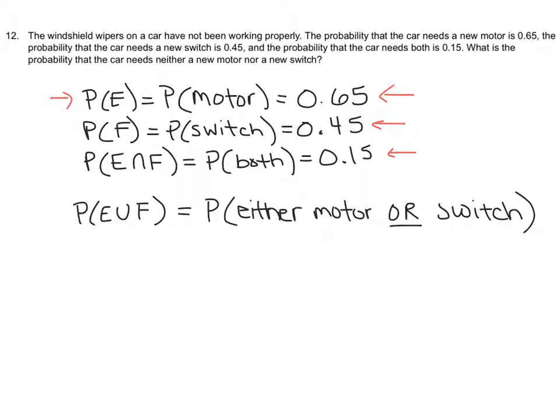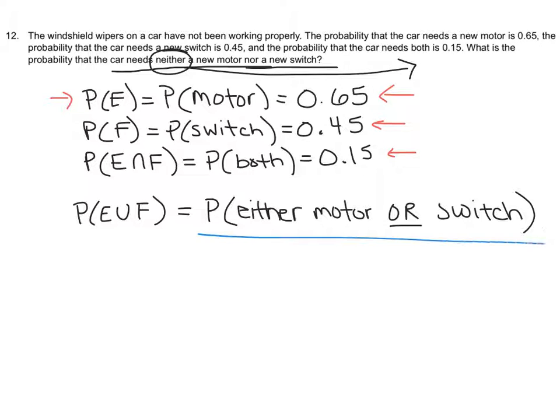Now, if we go to our problem, we want to know the probability that the car needs neither a new motor nor a new switch. So this neither is really the opposite of the union. So the opposite of either a motor or a switch is neither.